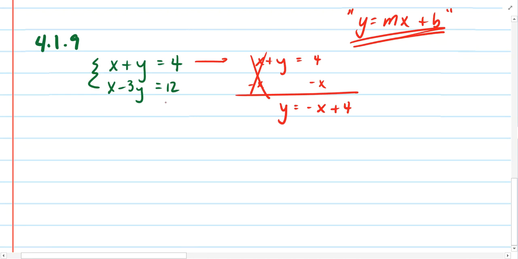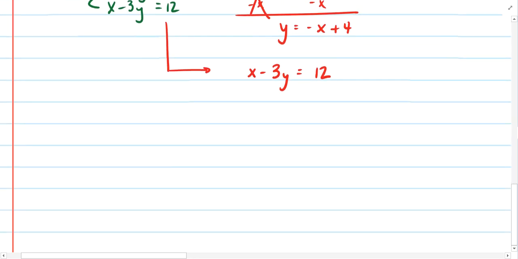If I were to do the same with the second equation, it might look like this. I'll start with x minus 3y equals 12. Again, I can subtract x from both sides. I'm left with negative 3y equals negative 1x plus 12.